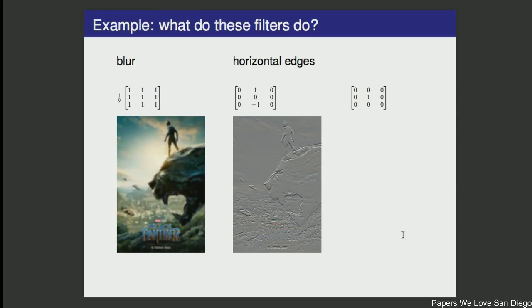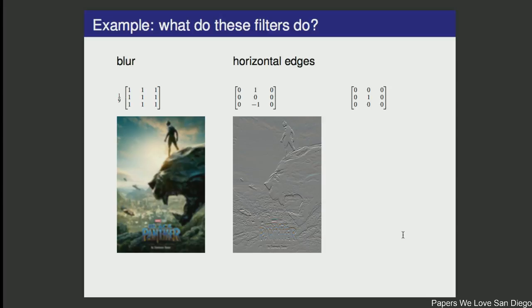Does the middle one run on a grayscale? Because the one on the left can't be grayscale, or are you operating just on one? I actually threw this filter over each of the channels. Okay. But that's a very good question. And similarly here, I ran this same filter over each of the channels.